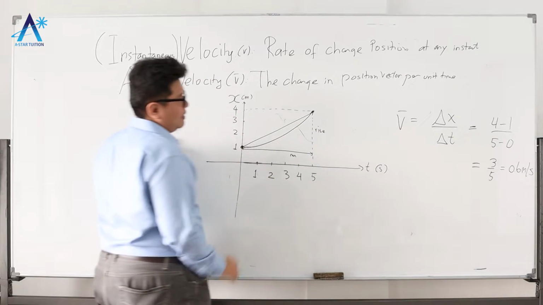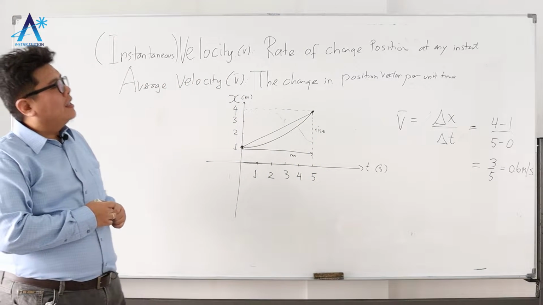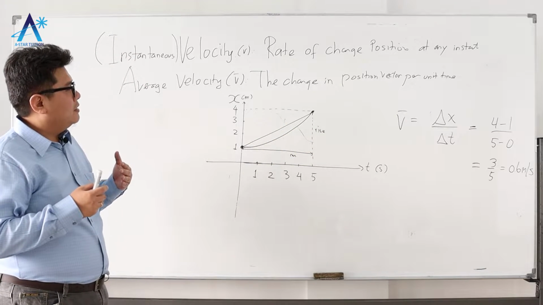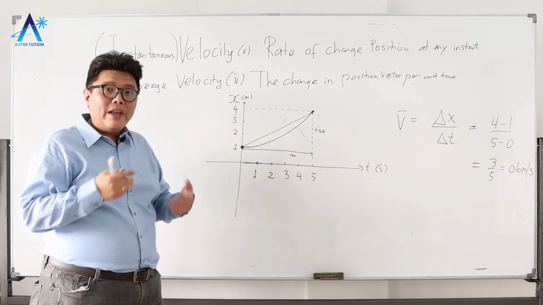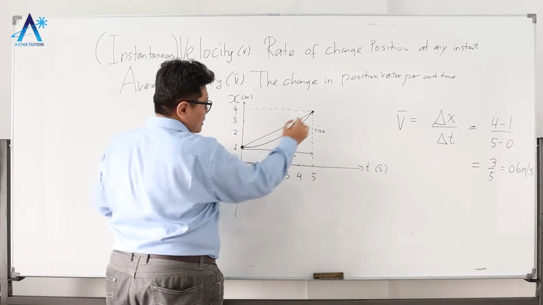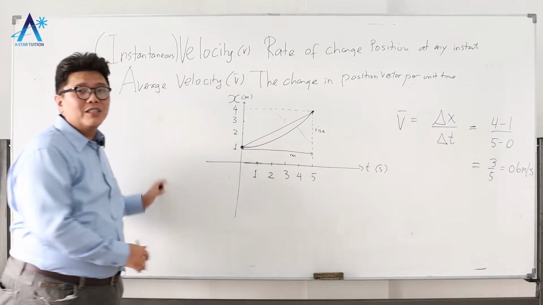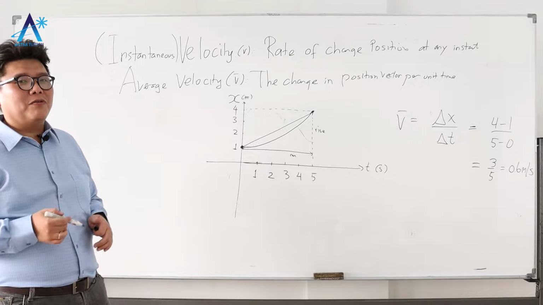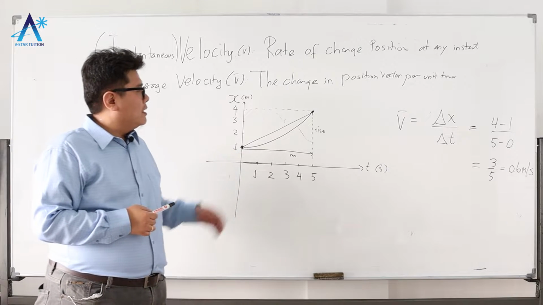So rise over run gives you exactly the average velocity. It is the slope or the gradient of the straight line that connects the initial and final position. You can see that this is quite straightforward if you are familiar with the concept of gradient.